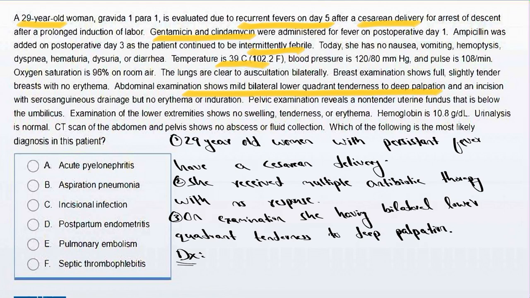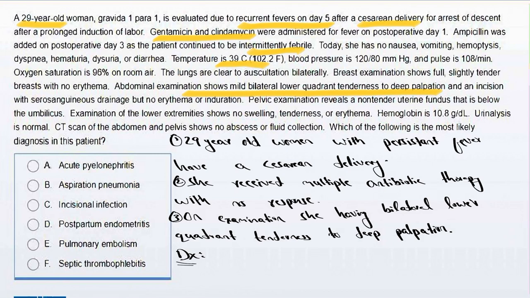So first of all, this patient is 29 years old, and she had a cesarean delivery, after which she has a persistent fever that is not responding to multiple antibiotic therapy, because she received gentamicin and clindamycin. On examination, she has bilateral lower quadrant tenderness to deep palpation.